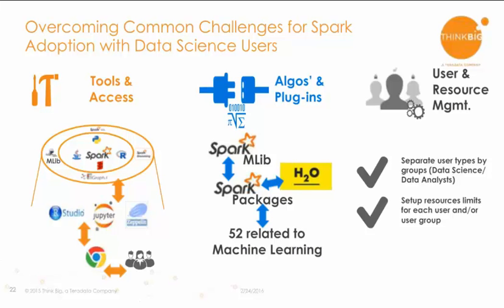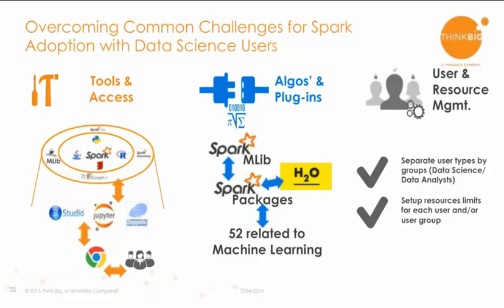So here you have an example: Spark as an engine under the hood, with all the APIs and then the streaming, the SQL, the machine learning, the graph, all of that available. But instead of enabling that through terminals, make that available via a browser. Make sure that you implement the right tools that are accessible through the browser and let your analysts, data scientists and analytical practitioners consume that in a very user-friendly way.